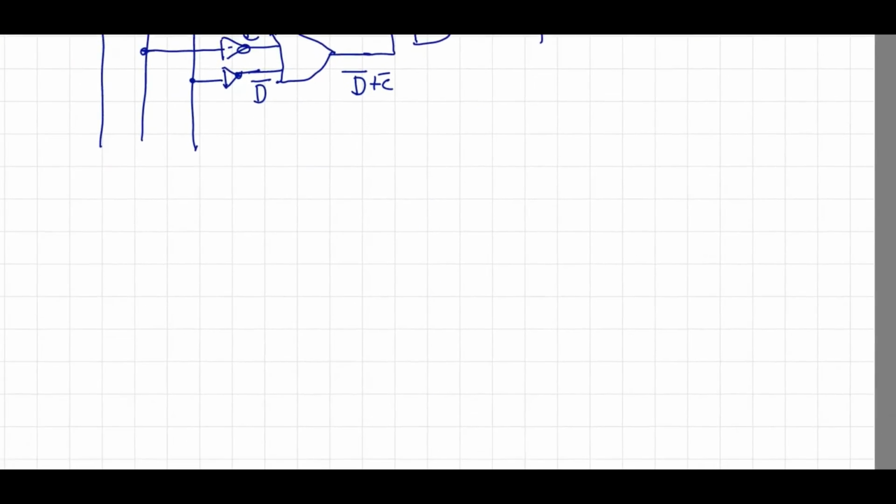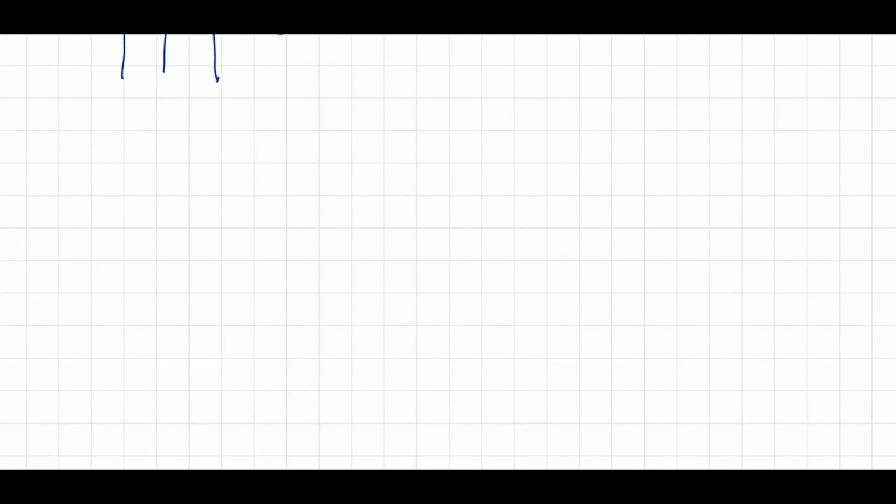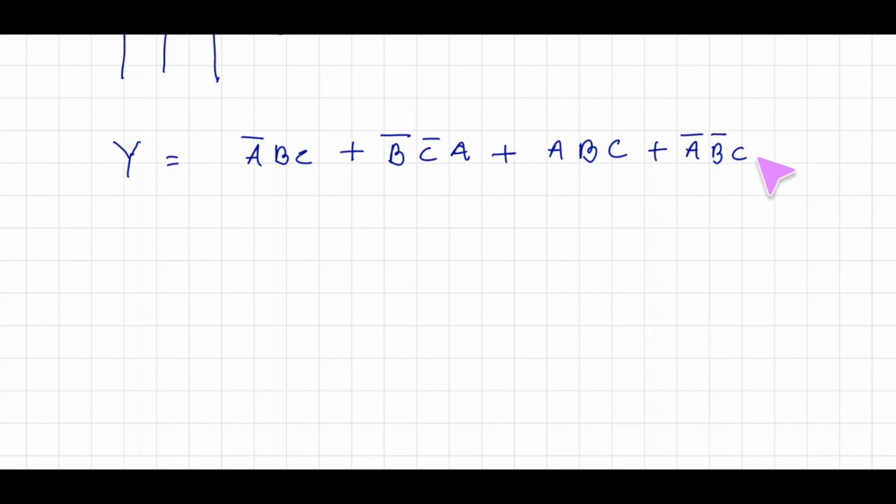The second important thing is drawing any circuit which is given. Suppose you are given y is equal to a bar bc plus b bar c bar a plus abc plus a bar b bar c bar.